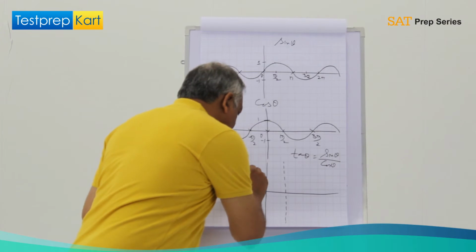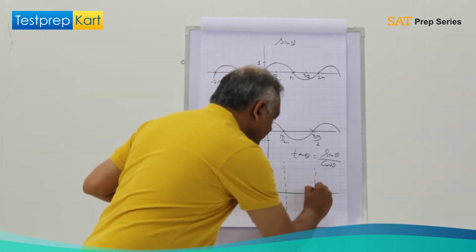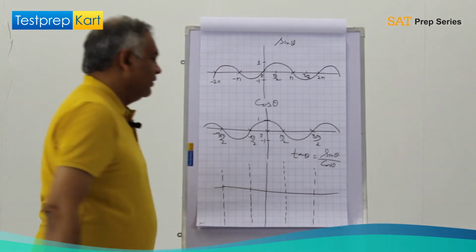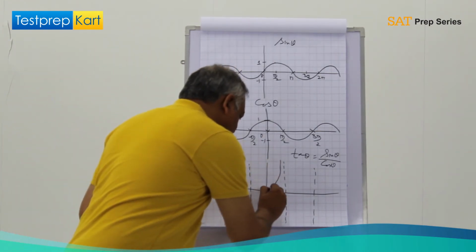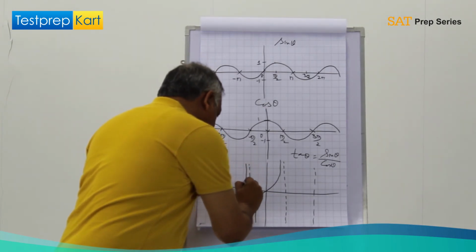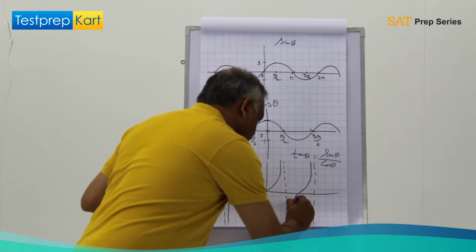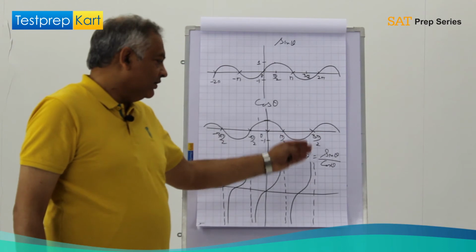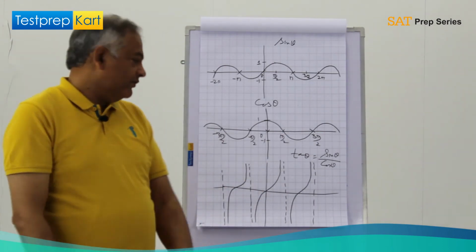So let's take this, and 3 pi by 2 also, and negative 3 pi by 2 also. Then the graph of tan theta will be something like this. As you can see, the asymptotes are wherever cos theta is 0.